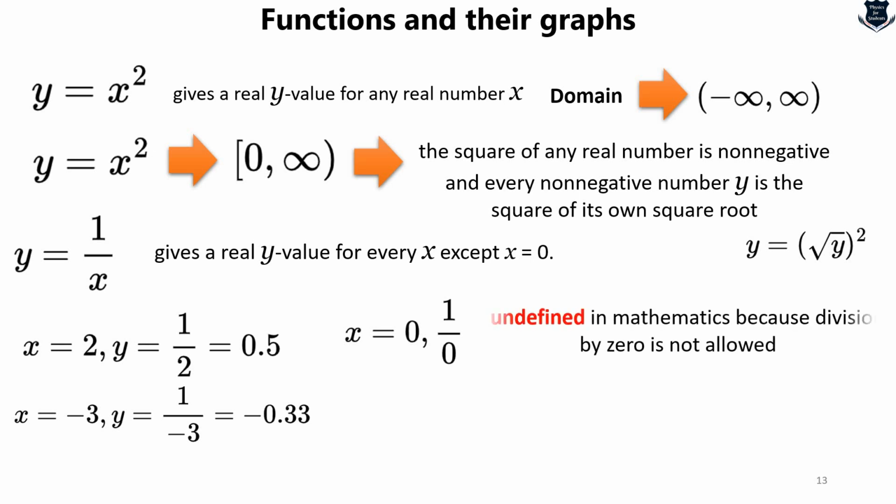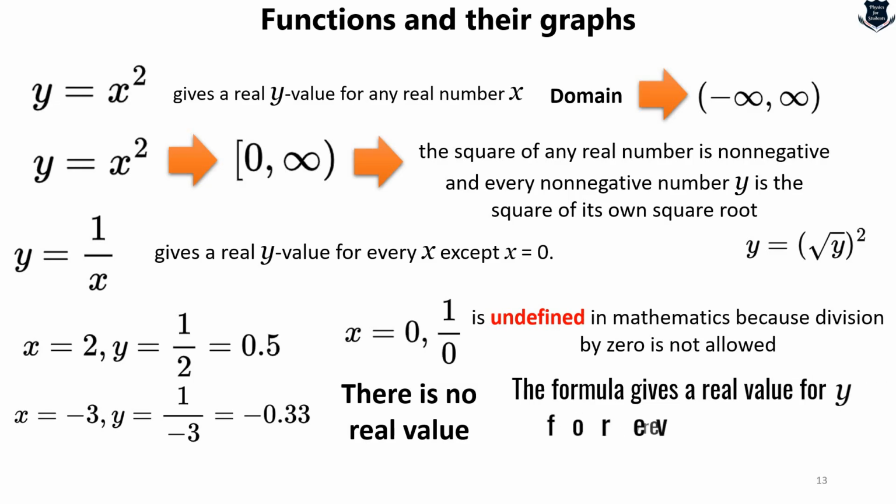This expression 1 upon 0 is undefined in mathematics because division by 0 is not allowed. As a result, there is no real value of y when x equals 0. And the function has a vertical asymptote at x equals 0, meaning that the function blows up or goes to infinity, which mathematicians do not like. So there is no real value.